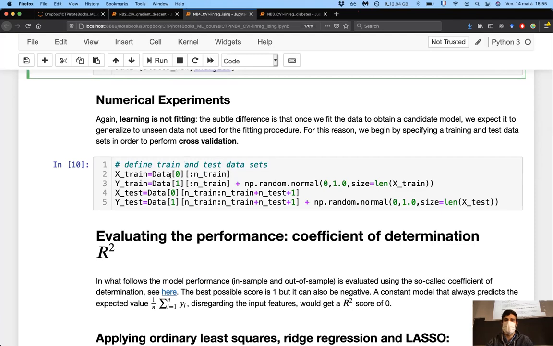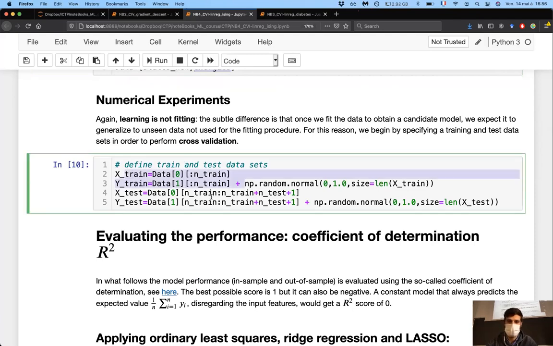So now I'm dividing the data into training and test data as usual. And just to make things a bit more interesting, I will add a bit of noise in the training labels. Here is a Gaussian noise. So here are the training labels, and I'm adding a bit of noise, and similarly in the test labels.